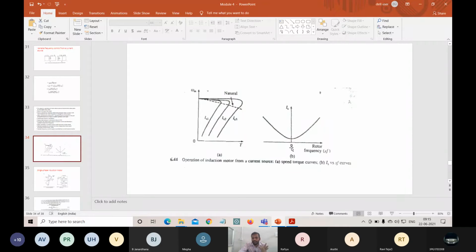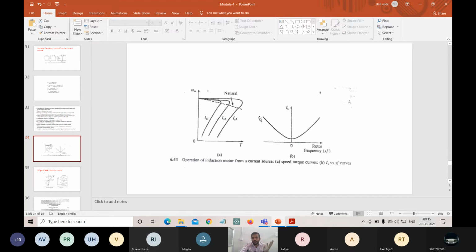When the rotor frequency is 0, IS will be minimum, and this is a curve-like structure. IS increases with increase in rotor frequency. For the maximum value of stator current, the rotor frequency will be maximum. Similarly, it will be observed in the negative characteristics also.